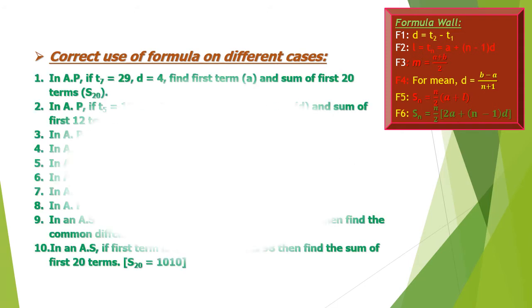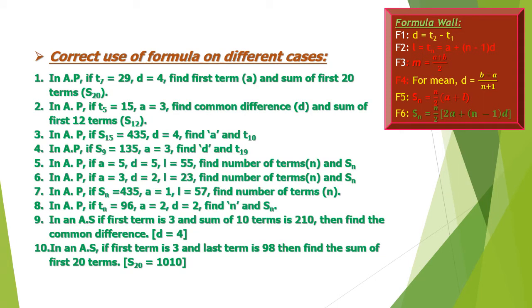correct use of formula on different cases. You can see there are 10 questions, and these questions will help you understand how to use the formula in which situation. The first question is T7 is equal to 29, d is equal to 4.